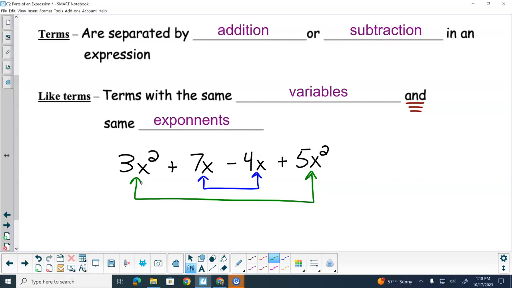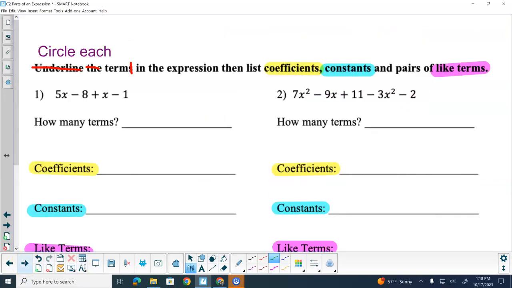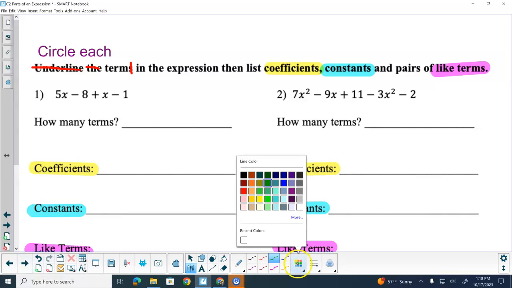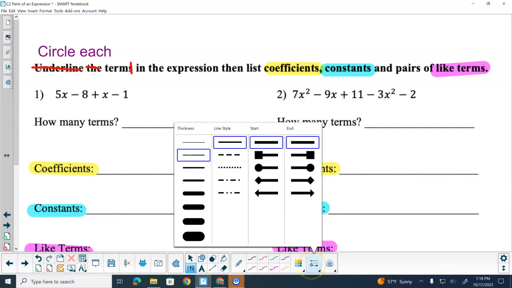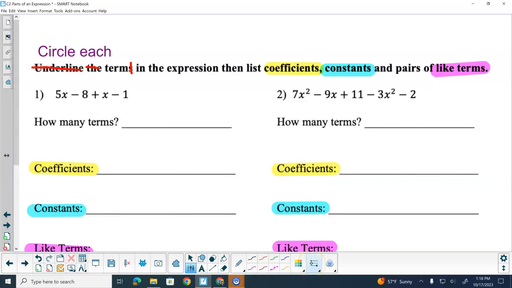Okay? So those are like terms, but together they're not all like. Okay? All right? So we are going to ask you to, instead of underline here, we want you to circle each term in the expression.